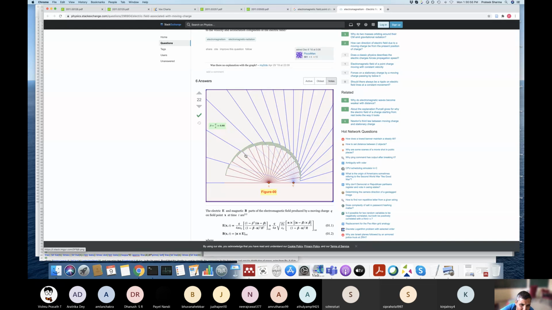Here the area goes like r square. Here, if we consider a Gaussian pillbox, the area goes like the width of this thing, which I said is c delta t. Delta t is the time scale over which it comes to rest, not the time from here to here.